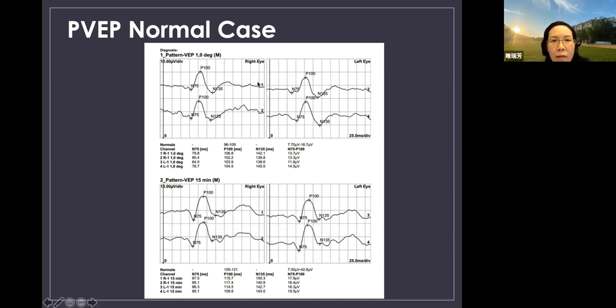We recorded both 1 degree and 15 minute pattern VEP, and we can see the noise is not big. They are very good looking waveforms, and also repeatable. Both the peak time and amplitude are within normal limits.